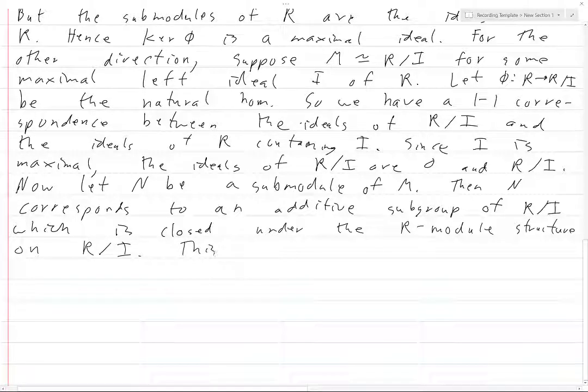But then this means, again, that N corresponds. I keep wanting to say that N is isomorphic to, but it's not. Well, I guess if you were to restrict it, yeah, that would be a good way to say it, because if you have an isomorphism and then you have a submodule, then that's going to map to its image, obviously. Then N is isomorphic.